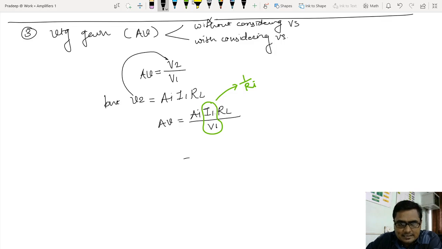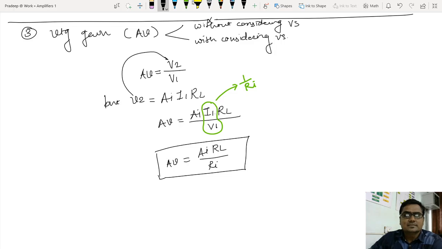So let me write it here as AI RL divided by Ri, and that is my voltage gain. See, isn't it so simple? I have derived AV is equal to AI RL divided by Ri.